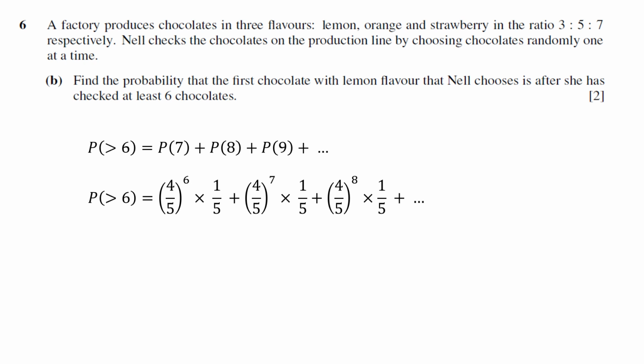So if you look at the sum of these probabilities, you can see that it follows a pattern of a geometric progression with a common ratio of 4 over 5.